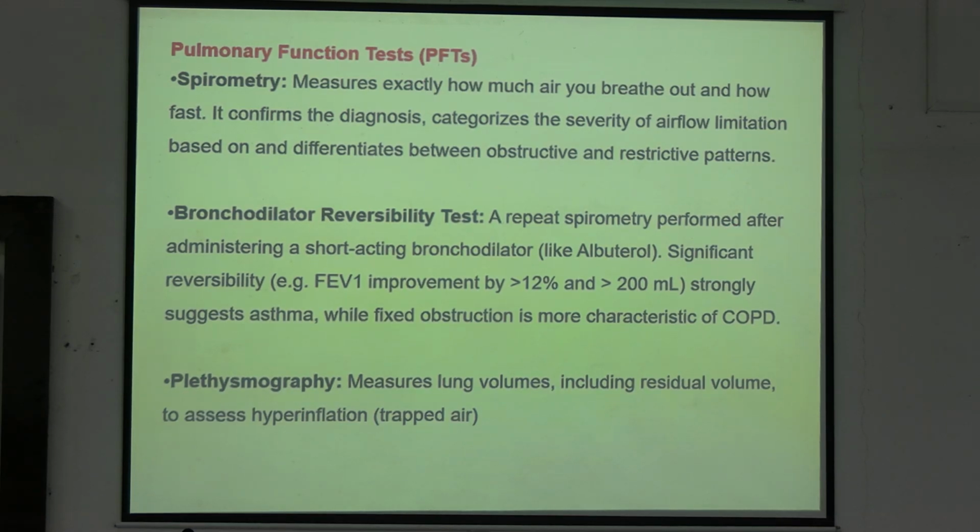Spirometry is very important. It measures how much air you breathe out and how fast. It confirms the diagnosis and categorizes the airflow limitation, and it distinguishes between obstructive and restrictive diseases. Bronchodilator reversibility test and plethysmography are the other pulmonary function tests.